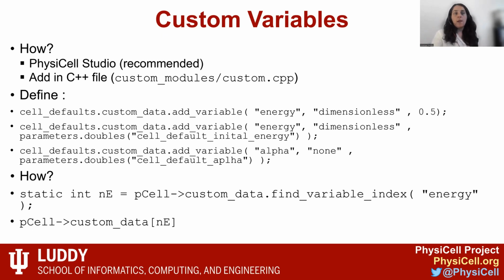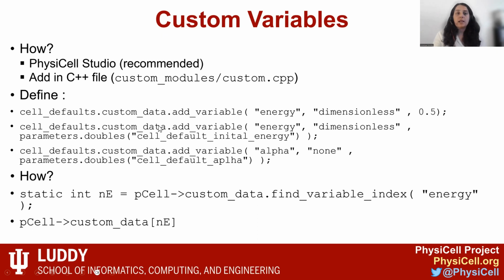You have seen that. But if you want to add them in C++, although you don't need to now while you have the availability of PhysiCell Studio, suppose you just want to go to the C++ code and add the new variables there. Maybe you love C++ much more. So you can go to cell_defaults.custom_data.add_variable, and you will give the name of the variable, the units of the variable, in this case I gave dimensionless, and the initial value.